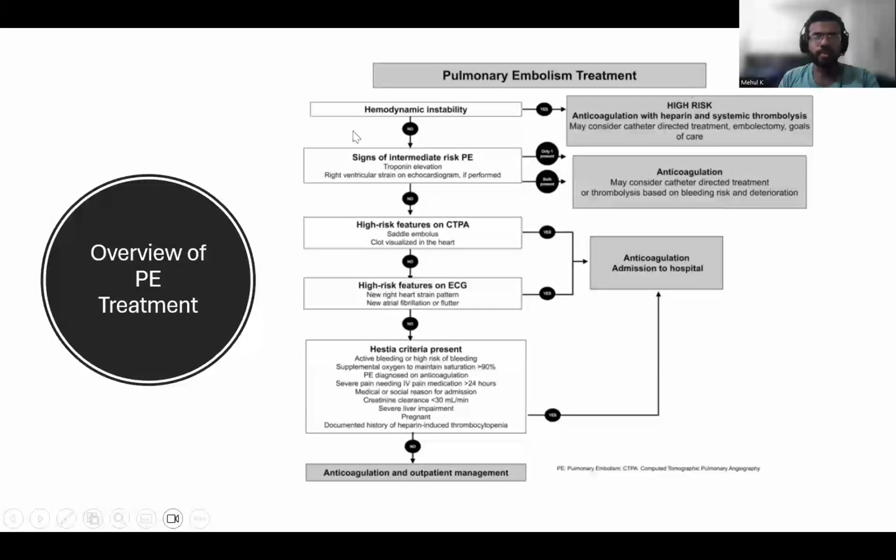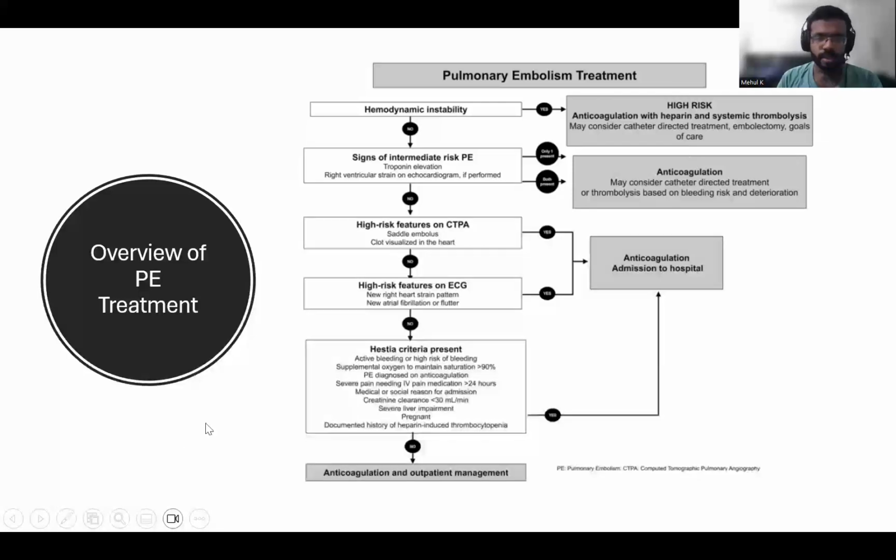So the overview of all of this combined is that with hemodynamic instability, higher risk, you'll have to thrombolyse along with your heparin. Intermediate risk PE again will need anticoagulation. There are other things that I didn't mention that you actually look for. If you have a high saddle embolus on CTPA, or you have high risk features on the ECG, like RV strain pattern or new onset atrial fibrillation, those patients are automatically going to get admitted.